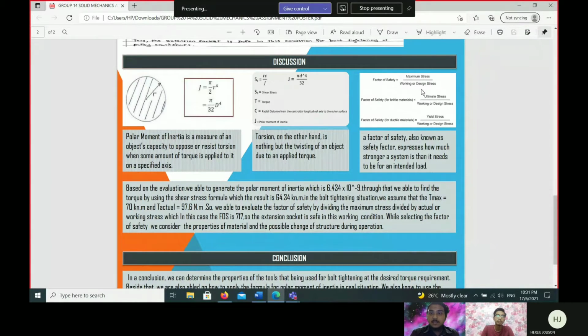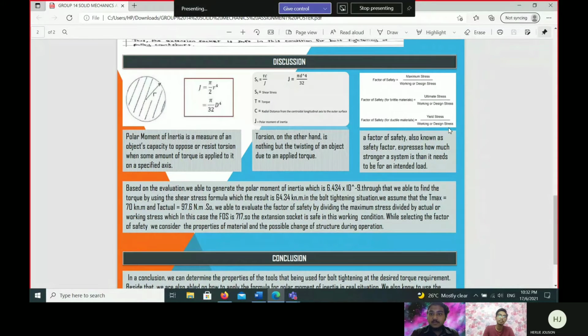Based on the calculation and the derivation made throughout this process, we're able to generate the polar moment of inertia, which is 6.434 times 10 to the power of -9. Through that, we're able to find the torque by using the shear stress formula, and the result is 64.34 kilonewton meter. In this bolt tightening situation, we assume that the maximum torque is 70 kilonewton meter, and the actual torque needed for bolt tightening is 97.6 Newton meter.